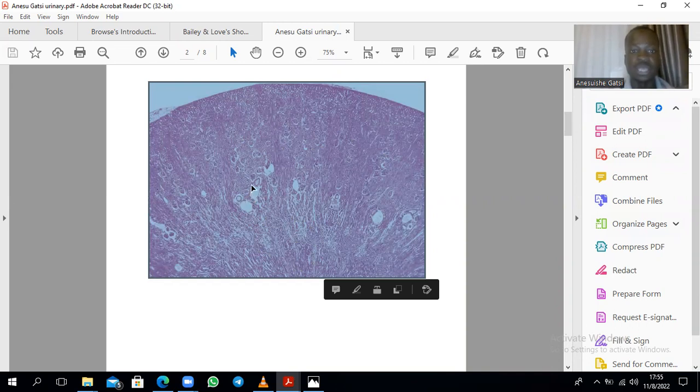The smaller ones here, between the medulla and the cortex, those are going to be our arcuate arteries. And these larger ones are going to be the larger blood vessels. You can also appreciate it here. Those are blood vessels. The smaller ones on the circumference are our arcuate vessels.